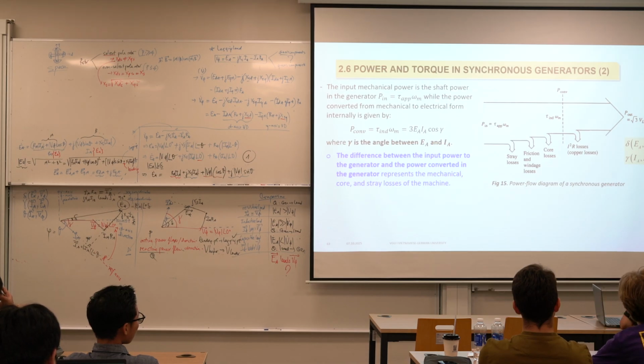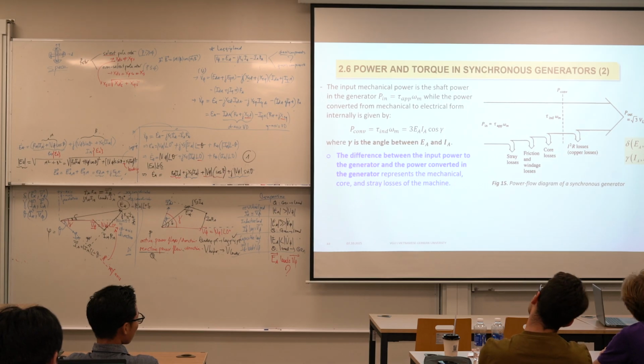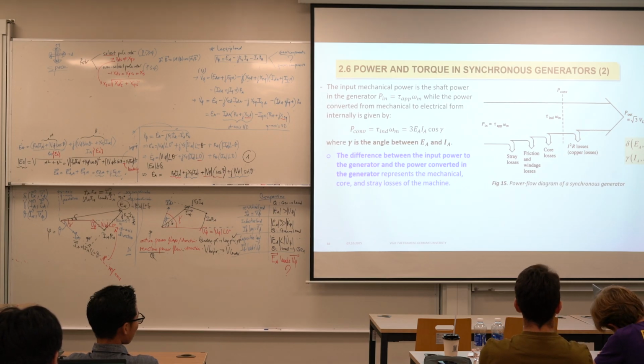If the rotor rotates, we need to apply torque. So the input power is the applied torque times omega m, where omega m is the mechanical angular frequency. Of course in physics, you also study power as torque times omega.